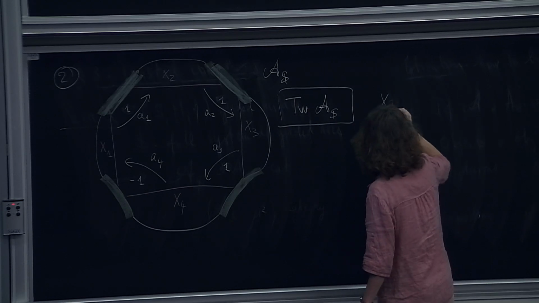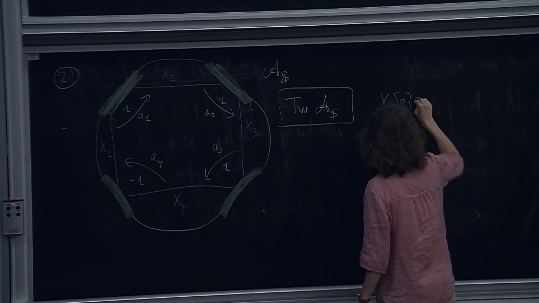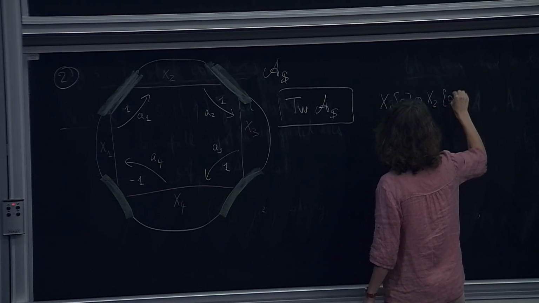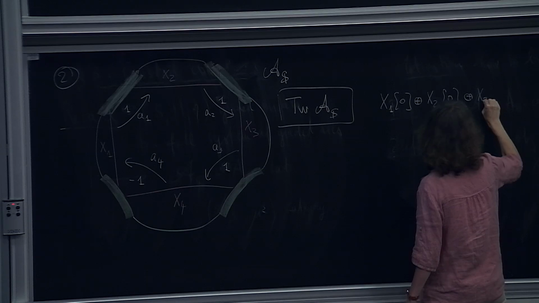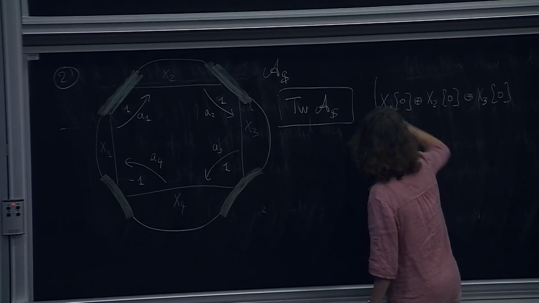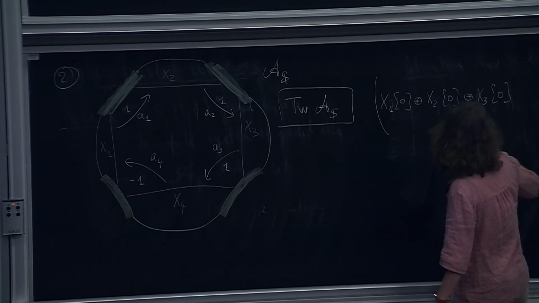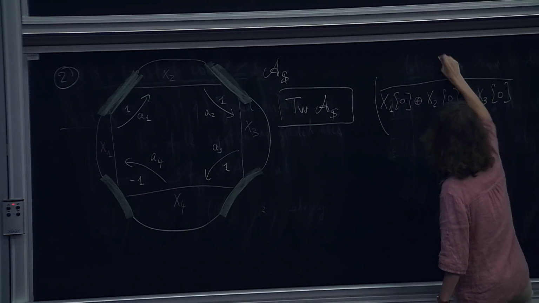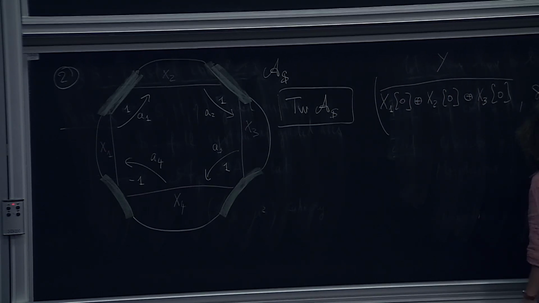So I take x1 shifted by 0 plus x2 shifted by 0 plus x3 shifted by 0. So this I will denote by y, and my delta is given by a 3 by 3 matrix, which is A1 shifted by 0, A2 shifted by 0.